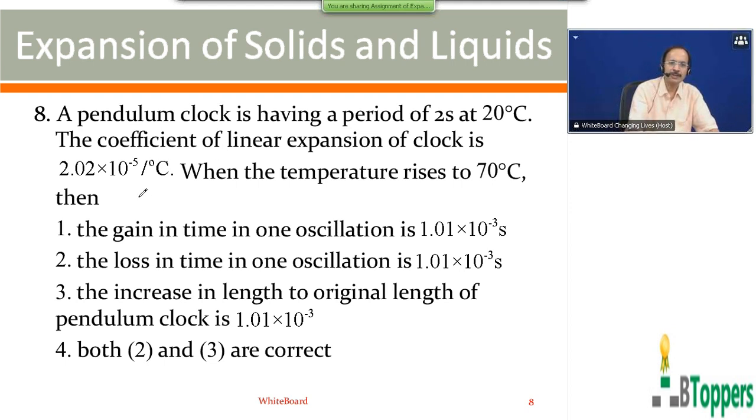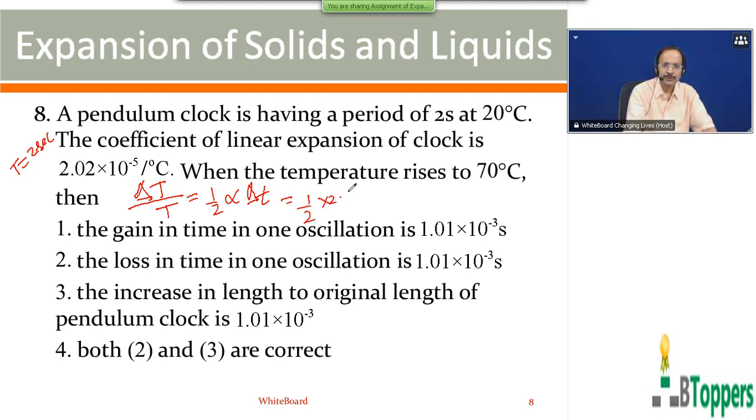The fractional change in the time period, delta T by T. Delta T is the actual change in the time period. T is the original time period, which is given to be 2 seconds. That is equal to half alpha into change in the temperature, delta t. So here alpha is given to be 2.02 into 10 power minus 5 per degree centigrade.